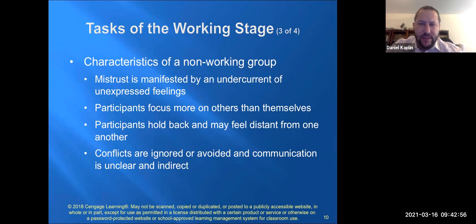Now, what's interesting about this is, we said conflict can be a good thing, right? So ignoring conflict or avoiding conflict or trying to communicate or address conflict in indirect ways actually doesn't solve the problem. It creates an opportunity for there to be miscommunication or for people to misinterpret what you're trying to say. So all of these things have to be attended to in the working stage.